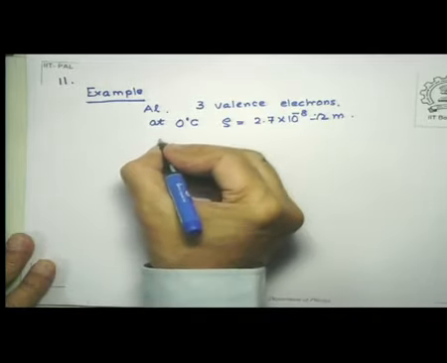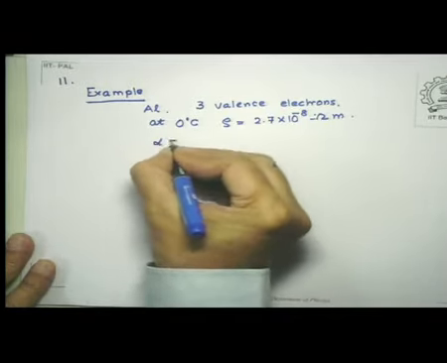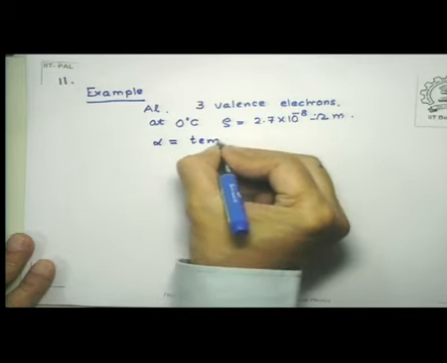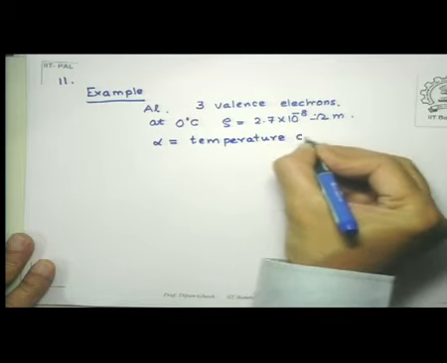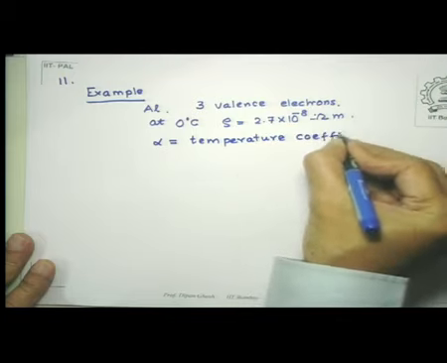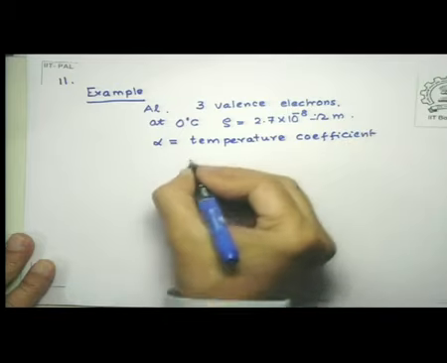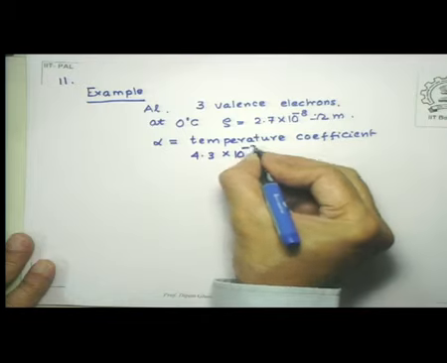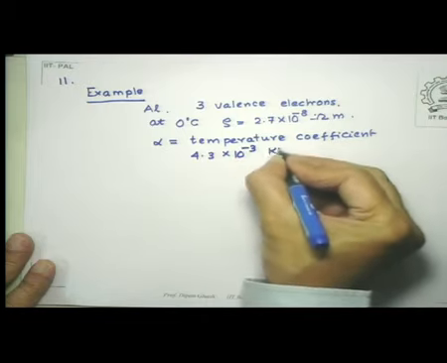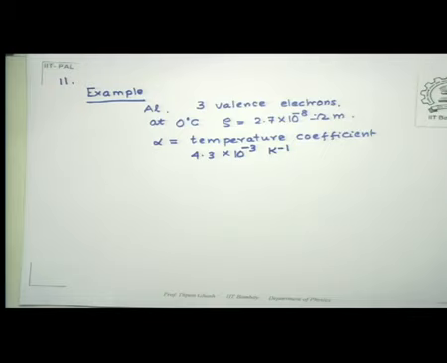Its temperature coefficient, which we represented by alpha, is 4.3 into 10 to the power minus 3 per degree Kelvin or per degree centigrade, it doesn't make any difference, because as you know I am talking about units of temperature. 1 degree Kelvin difference is also 1 degree centigrade difference.